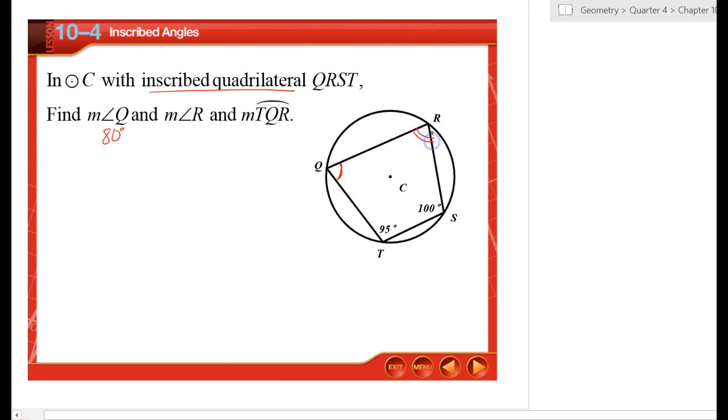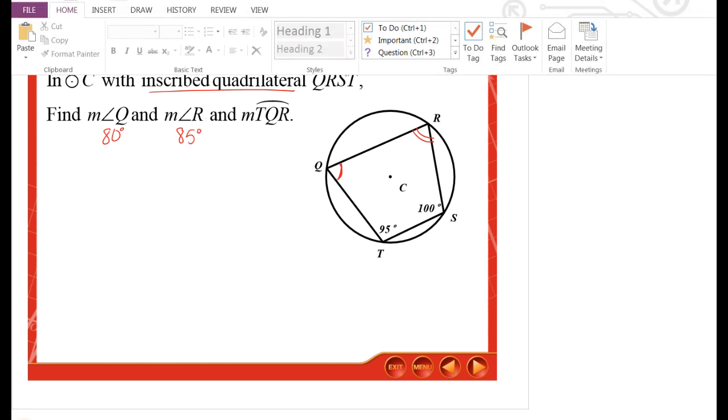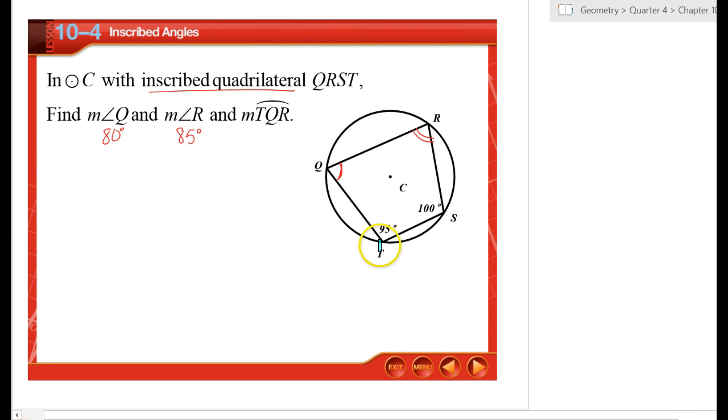Again, R and T are supplementary. 180 minus 95. Well, that's 85. And now TQR. So TQR is T, then Q, then R, right there.